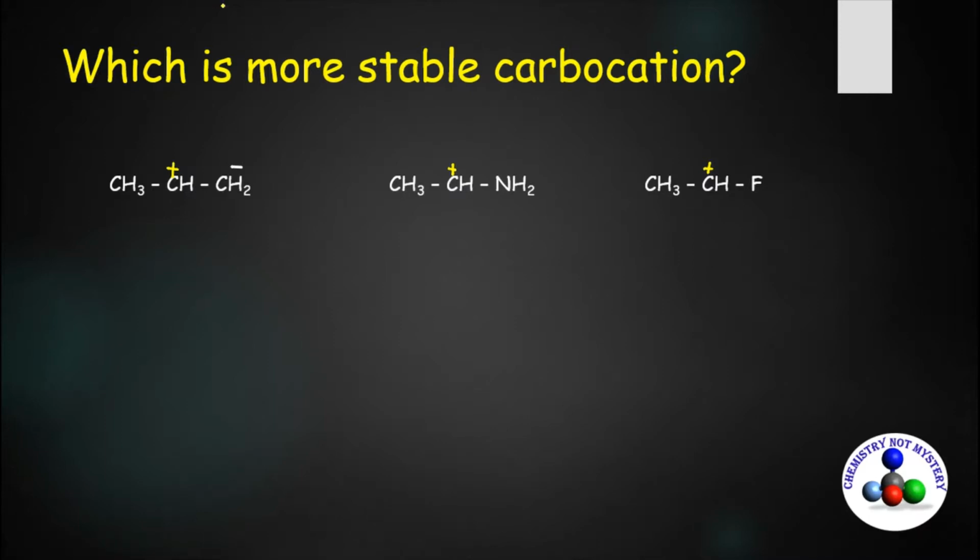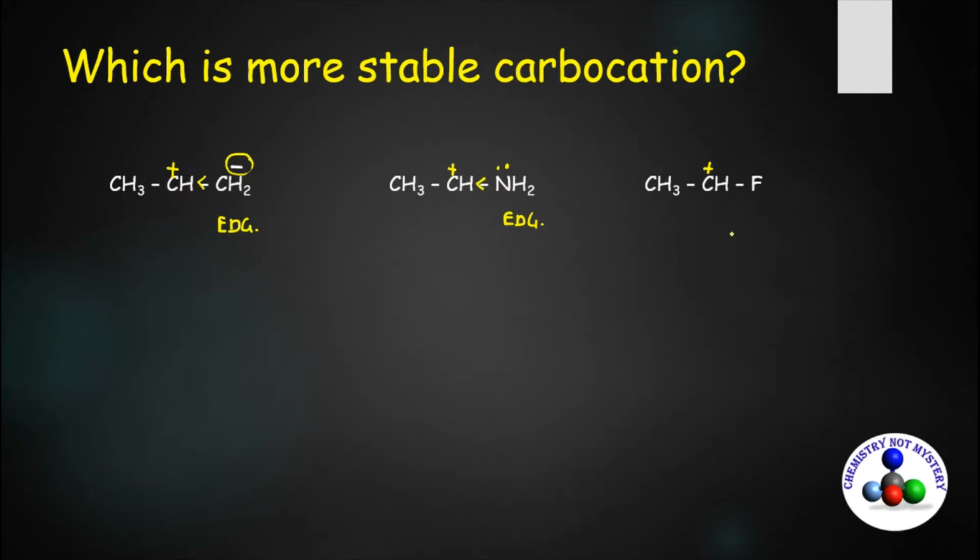Let's solve one problem based on it. Which is the more stable carbocation among them? Here, CH2 minus is an electron donating group. Because of the negative charge over it, it will donate more electron density to the carbocation. Here, NH2 is also an electron donating group because it has a lone pair of electrons.